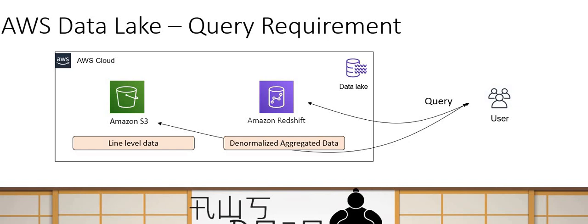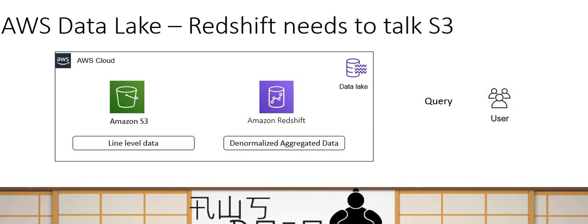So there are a lot of query requirements where you cannot simply look into S3 or Redshift, but you have to look into data between S3 and Redshift to complete your query requirement. In that case, it becomes very important that when you query the Redshift cluster for your aggregated data, and then you want to go for your line level data, instead of you querying the data from S3, Redshift should somehow query data on your behalf.